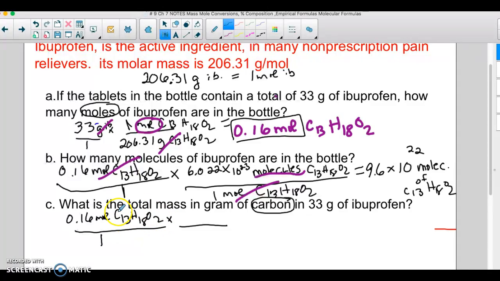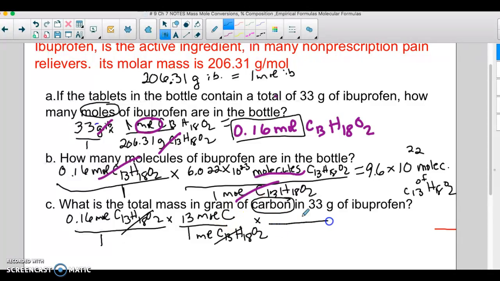So for every 1 mole of ibuprofen, there's 13 moles of carbon, 18 moles of hydrogen, and 2 moles of oxygen. So in this case, I'm going to convert to moles of carbon. So I'm using that subscript for every 1 mole of the whole molecule ibuprofen.